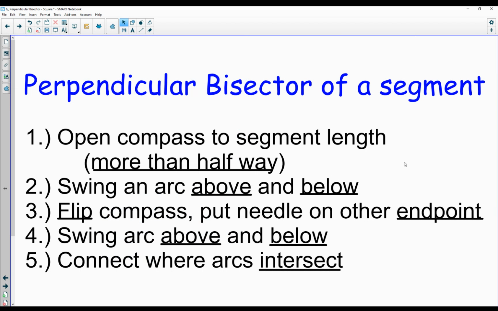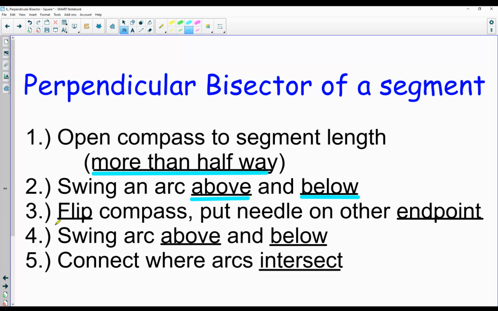So here they are. Step one is you need to take your compass and open it to the segment length. We talked about if you don't want to go the full distance, you have to make sure you go more than halfway. Going halfway is still not good enough. Then you're going to swing an arc above and below the segment.